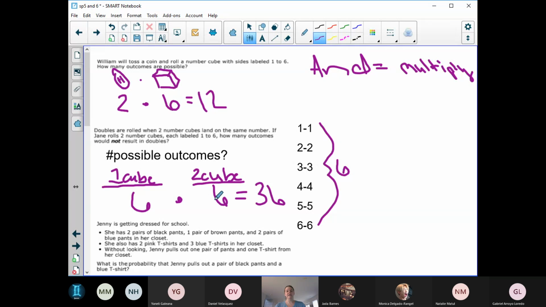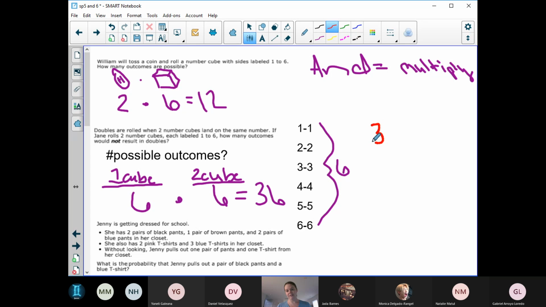So if I have 36 outcomes and 6 of them are doubles, how would I figure out how many are not doubles? Not divide. It's another way to reduce. We're going to subtract.